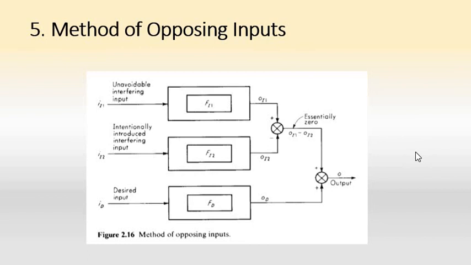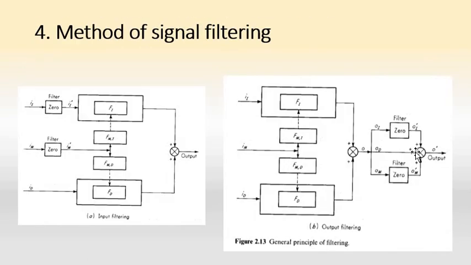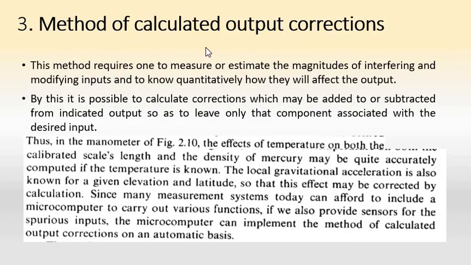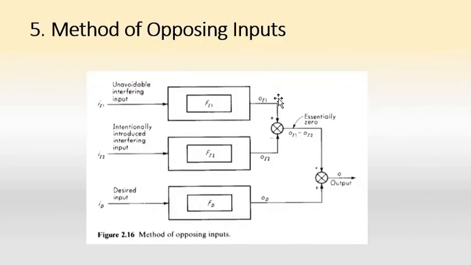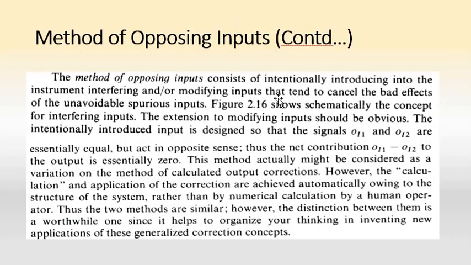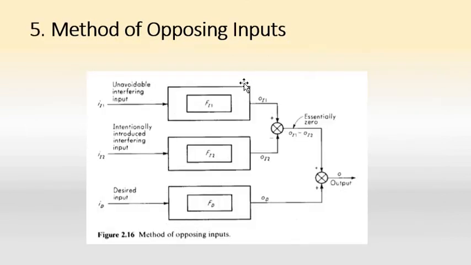This method is actually similar to the method of output corrections, calculated output corrections. Okay, because here also we should know beforehand what will be the magnitude of interfering and modifying input, then only can we nullify the effect from the output. But in the method of opposing input, this happens automatically. Okay, that is, this interfering input is detected automatically.